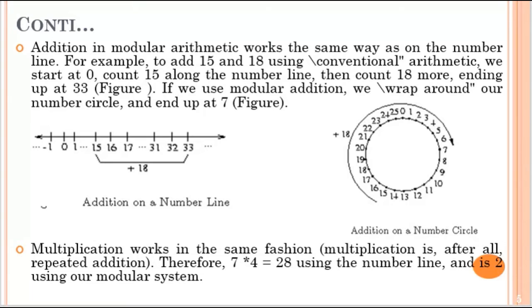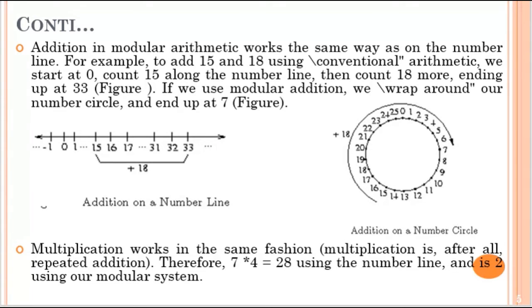When we perform addition in modular arithmetic, it is the same as on the number line. For example, add 15 and 18 using conventional arithmetic or the number line. Start from 0, then 0 to 14 are 15 elements, and 15 to 33 there are 18 elements.